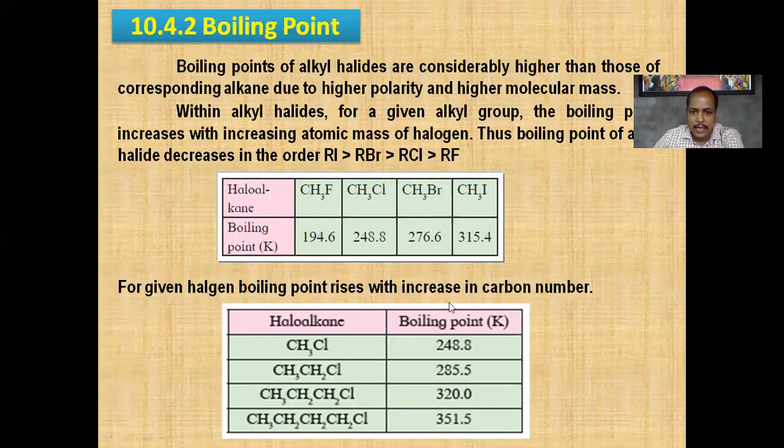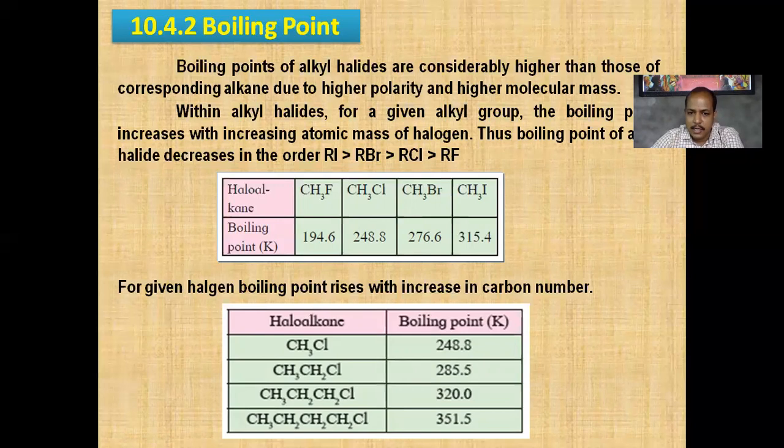Now we see this second trend. Observe carefully: methyl chloride, 1-chloroethane, 1-chloropropane and 1-chlorobutane. Here there is an increase in the length of the carbon chain. In the first compound only one carbon is present, the second 2, the third 3 carbons, the fourth 4 carbons. That is, there is an increase in the carbon chain.